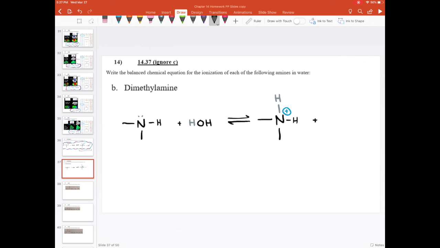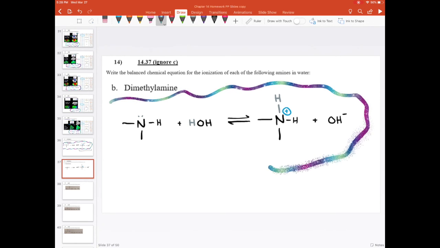It's acting as an acid in this reaction. It started with 2 H's, now it only has 1. It started with a 0 charge. If it lost a plus charge, now it has a negative charge. And so this whole reaction is going to be the balanced chemical equation for the ionization. And again, you know it's ionization because there are charges. Those charges make those ions. So you create ions in this reaction, so it's an ionization for dimethylamine in water.